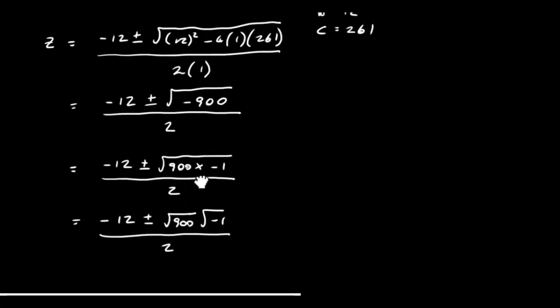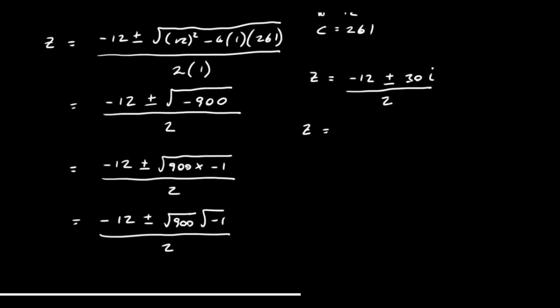And I've kind of run out of room here, so I will come up here. So we've got our z here is going to be equal to minus 12 plus or minus the square root of 900, which is 30. So we've got 30, and then the square root of minus 1 is i. You've got to divide that by 2.